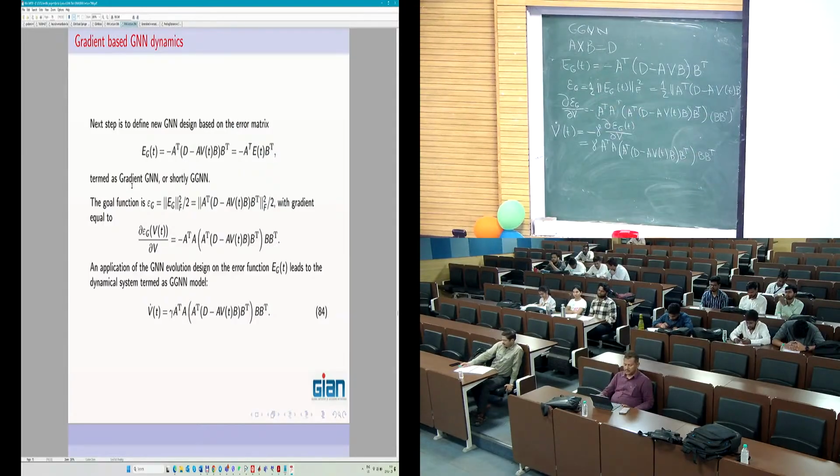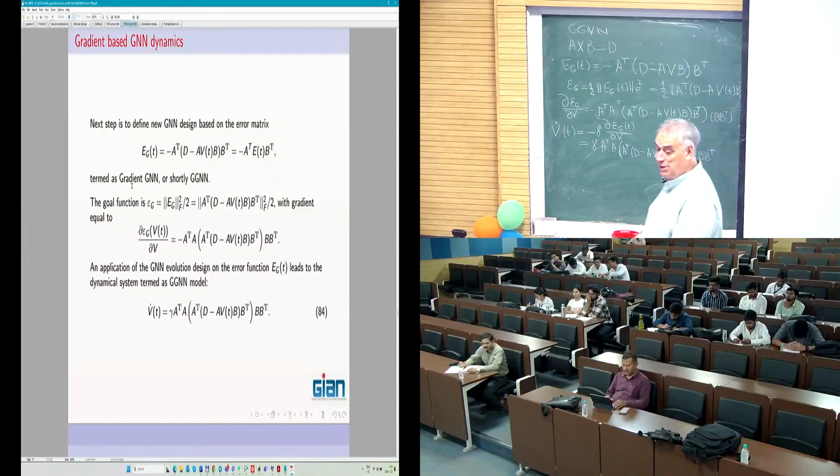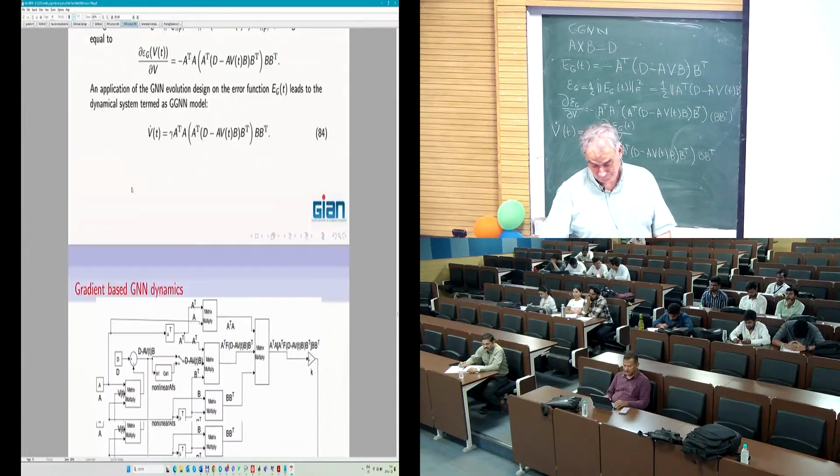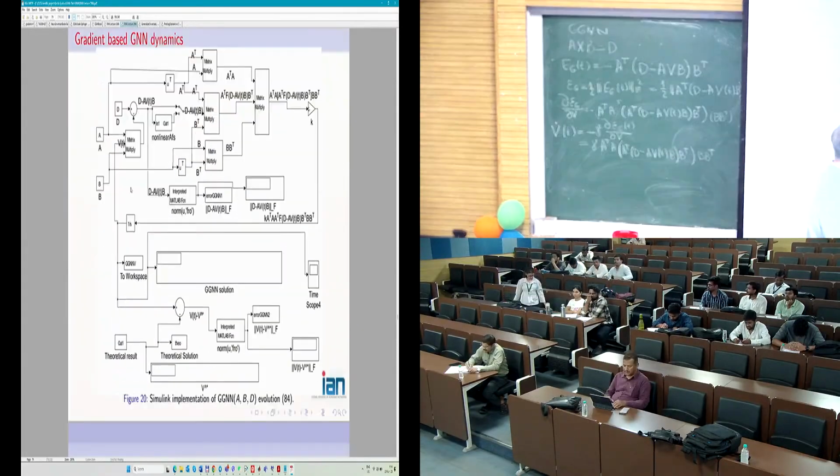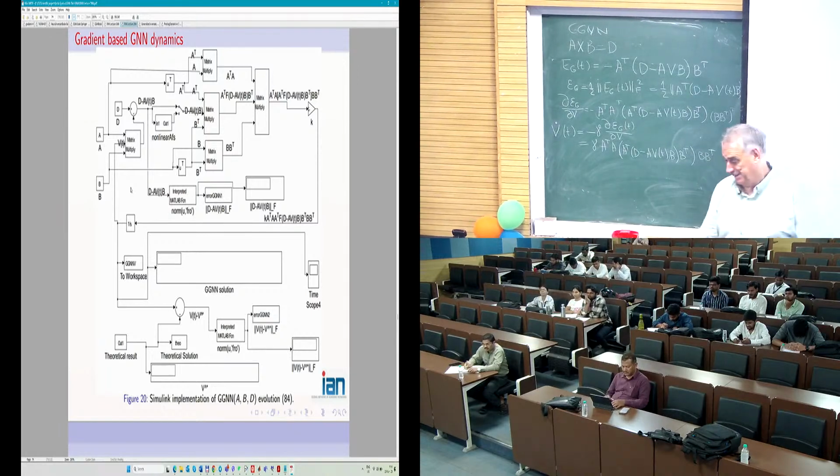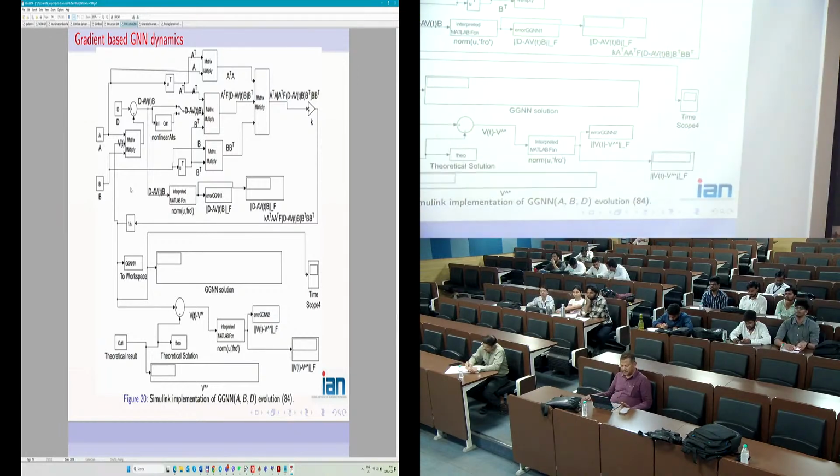It is EG of T, which is the input of the GNN model.